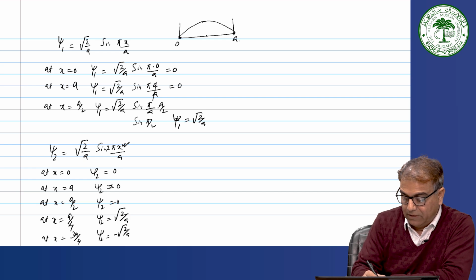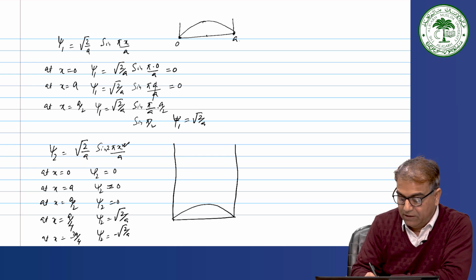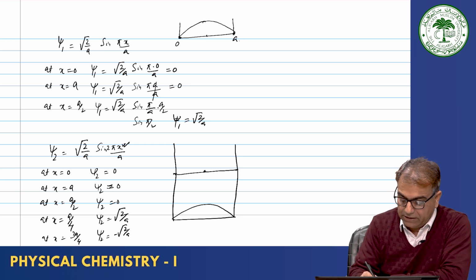If you plot this in a one dimensional box, the lowest wave function was this one. The second wave function at x equal to 0 is 0, at a by 2 also it is 0, and at a also it is 0, but at a by 4 it is positive, and at 3a by 4 it is negative. So you plot it like this.